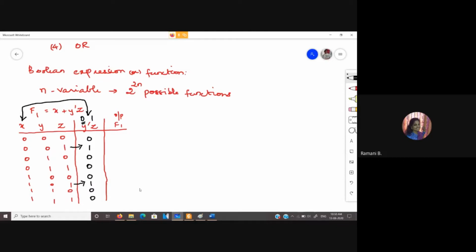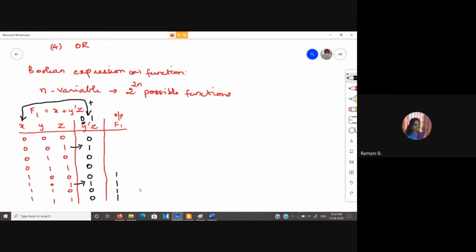Okay, so now for F1, you have to perform the OR operation between these two. So if I have the value of x is equal to 1, then my output will be equal to 1. So I can actually have these to be 1. I need not worry what the value is going to be with respect to this y bar z, because we are performing the OR operation.